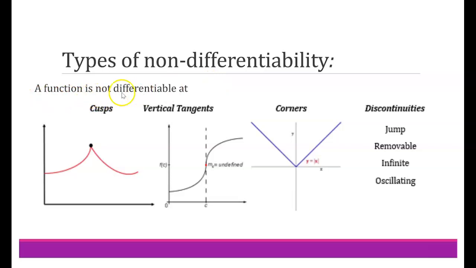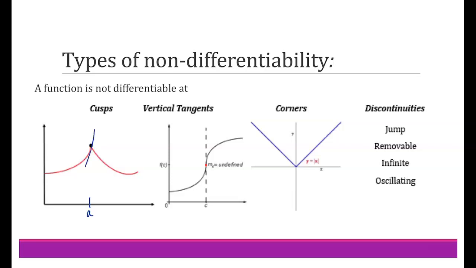So a function is not differentiable at all of the following, at what we call cusps, vertical tangents, corners, and any discontinuity. So here's a graphical example of a cusp. We have where these two curves sort of meet up at this sharp turn here. So if we were to think about this as the point A, and we want the slope of the tangent line, well, what's the tangent line?